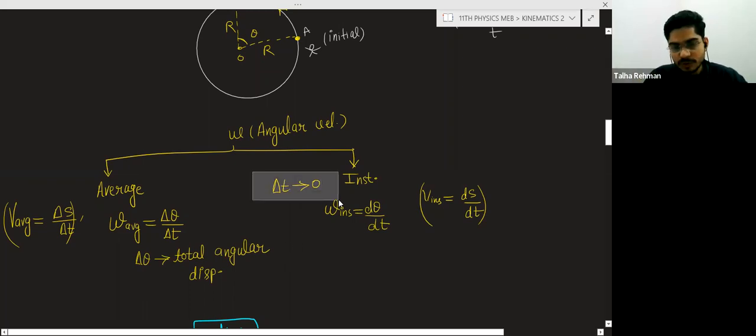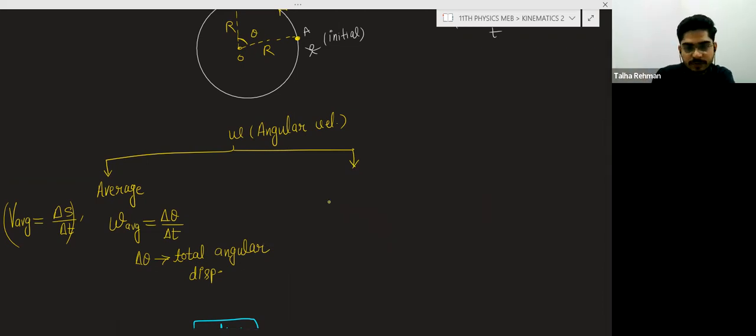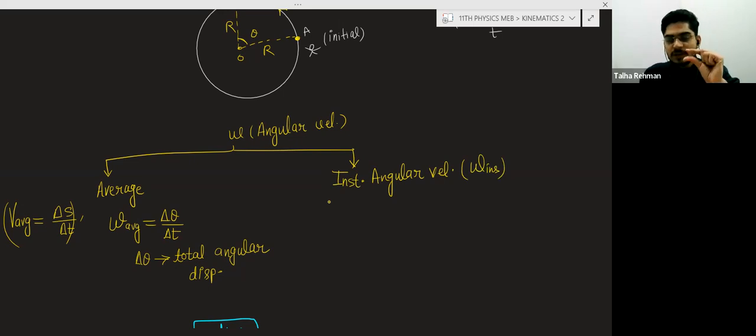So for calculating the instantaneous angular velocity, omega instantaneous, you want it at that instant of time, which means delta t will be very small, delta t tending to 0.